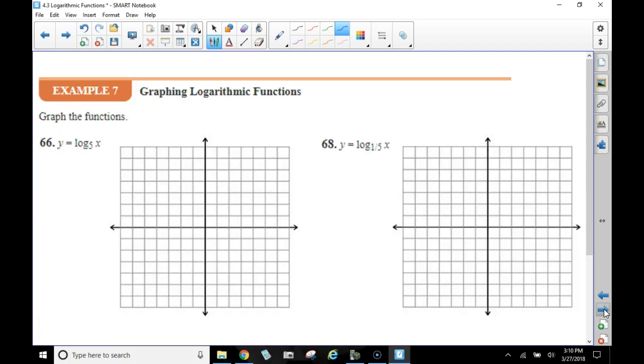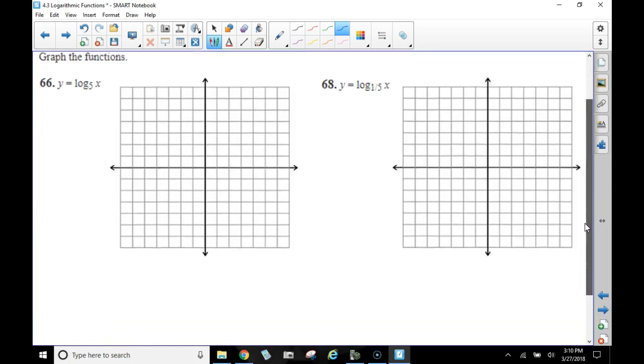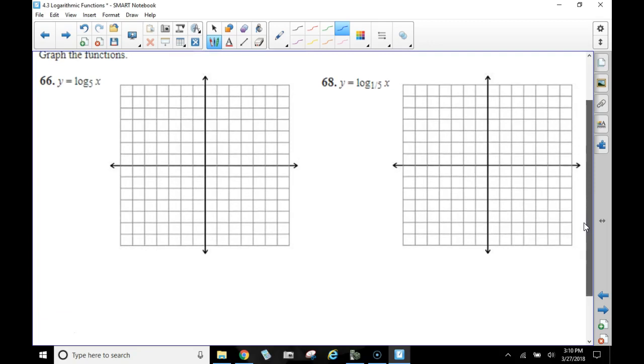All right, now, to actually graph these functions, let me show you how to do this. To graph a function like number 66, I don't think I'm going to graph y equals 5 to the x. No. What I'm going to do is rewrite this logarithmic equation in exponent form. Remember, it's the base of 5, raised to the y, equals the argument x.